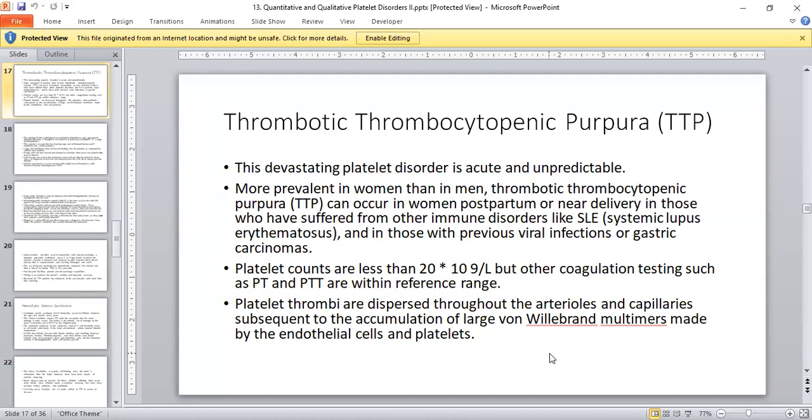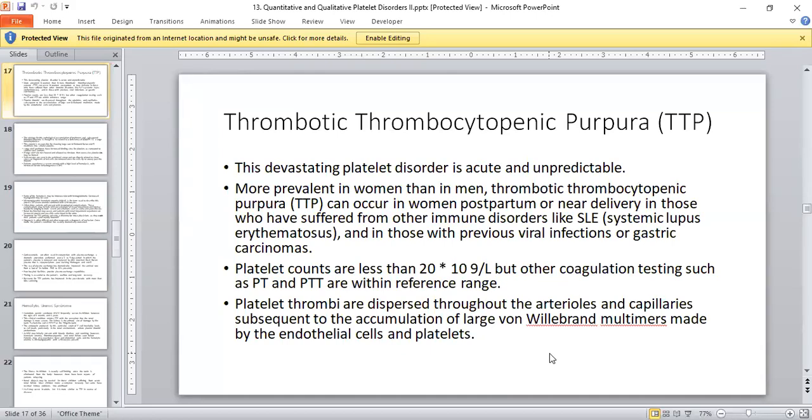Platelet counts are similar to those of acute ITP, so they are less than 20. But the other tests, like the ones we talked about, PT and APTT, are usually within reference range.